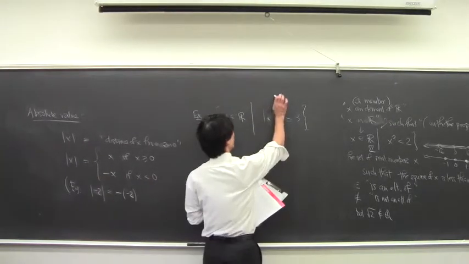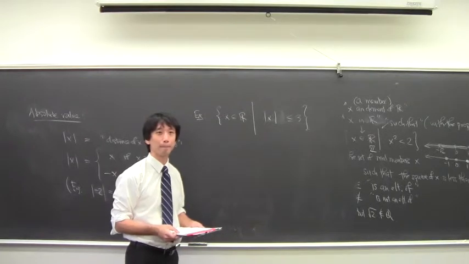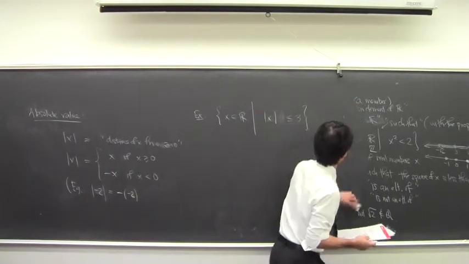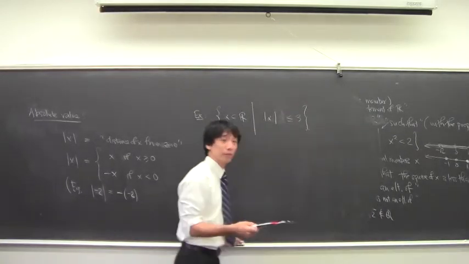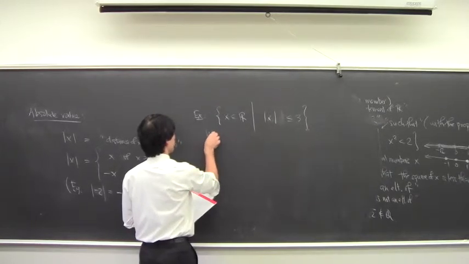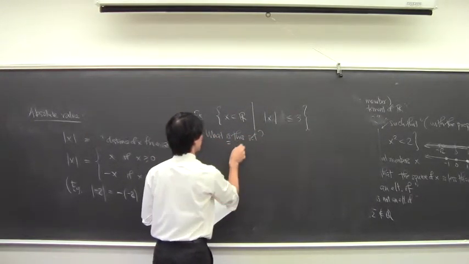Actually, to make it simple, let's just start with something like this. The absolute value of x is less than 3. So, just to be very, very dense about it, let's ask, what is this set?